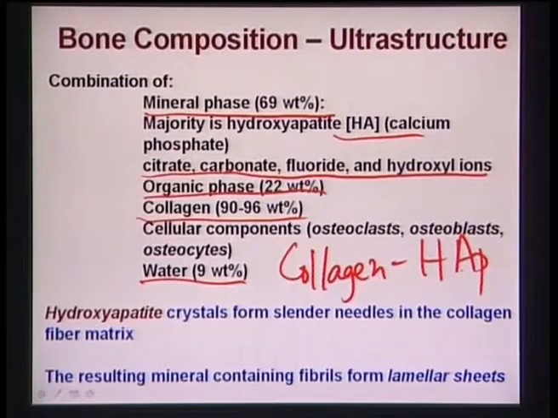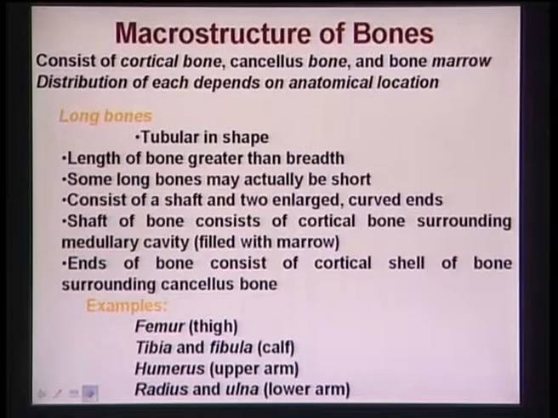In other words, you can describe bone as a unique example of a polymer ceramic composite. Hydroxyapatite crystals form slender needles in the collagen fiber matrix, and the resulting mineral-containing fibrils form lamellar sheaths.